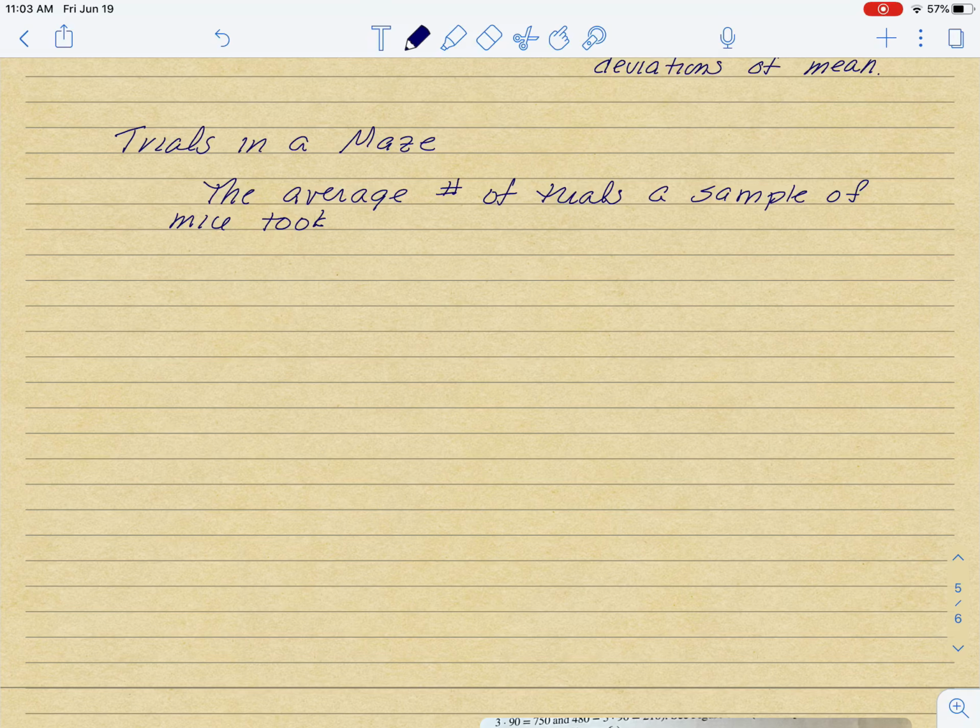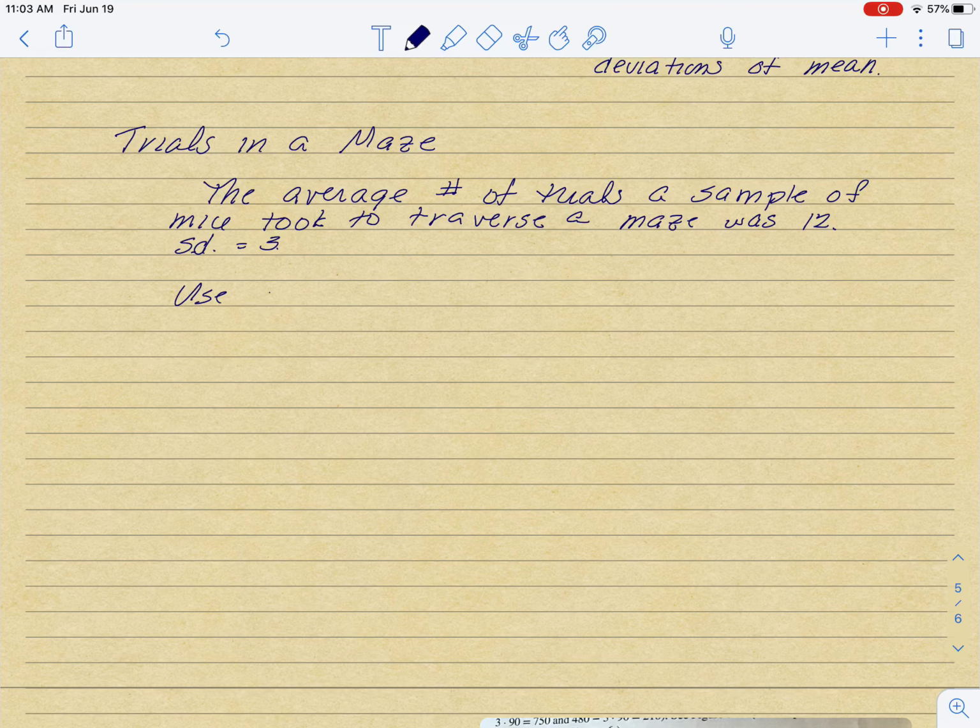So the average number of trials a sample of mice took to traverse a maze was 12, with a standard deviation equal to 3.